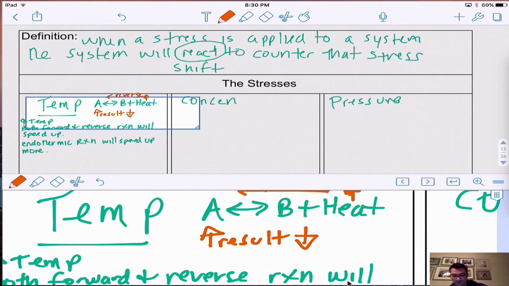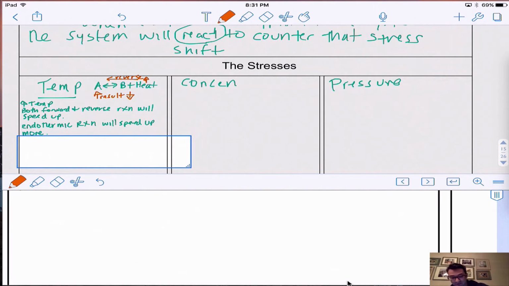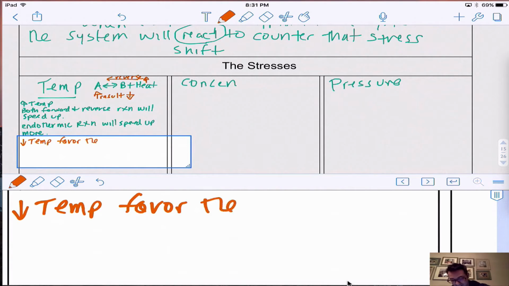They call this a shift to the left because we're making more of the reactants, which are written on the left side of the reaction. So when we increase temperature, we're going to favor the endothermic reaction. What happens if we decrease temperature? Well, if we decrease temperature, then we favor the exothermic reaction.